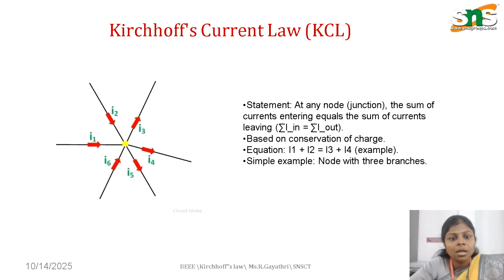For example, when we have a node A, and current is flowing through that particular node, the statement of Kirchhoff's current law is that the sum of the entering current is equal to the sum of the leaving current. Based upon the conservation of charge, from this figure, the currents I1, I2 and I6 are entering the node A, whereas the currents I3, I4 and I5 are leaving the node.